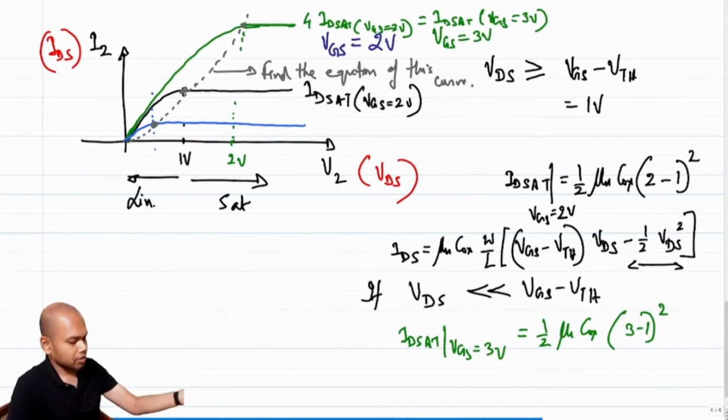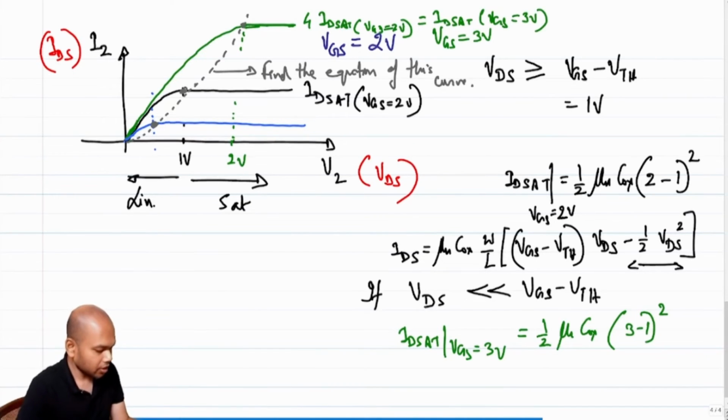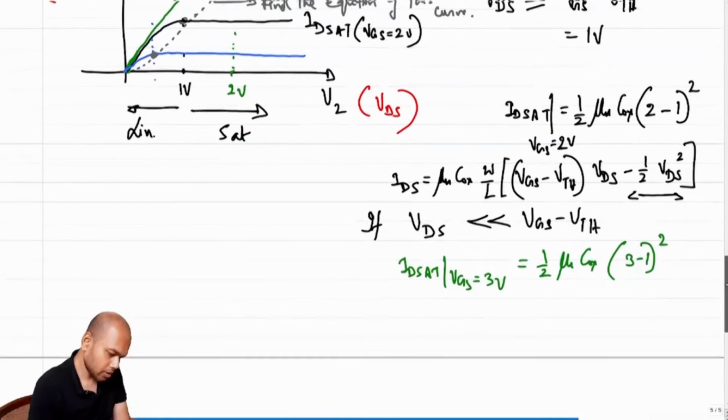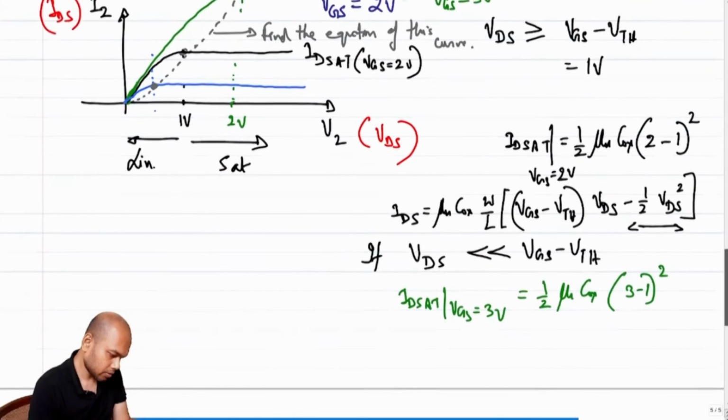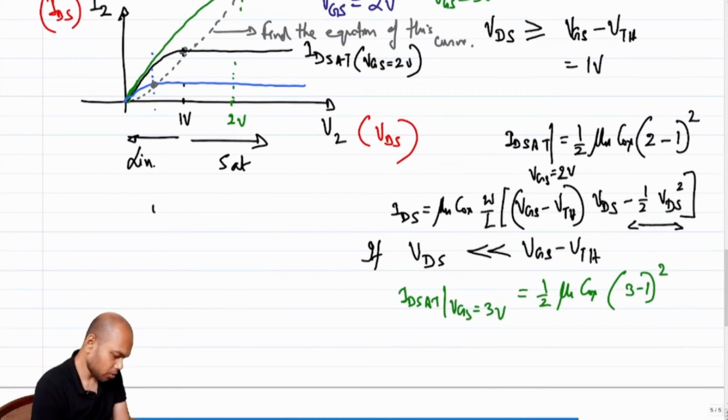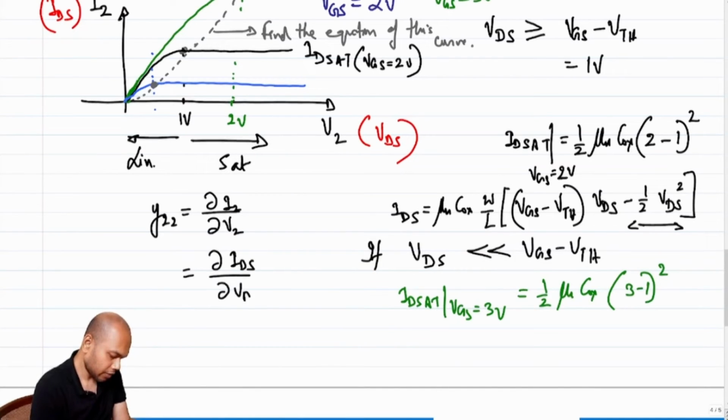Now, what was the motive of sketching all these plots? The motive was to find out y22, right? So what is y22 now? y22 is del I2 del V2, which is nothing but del IDS del VDS, for a particular value of VGS, correct?